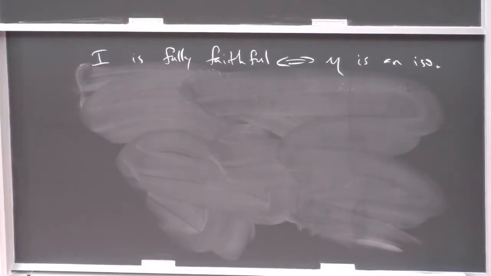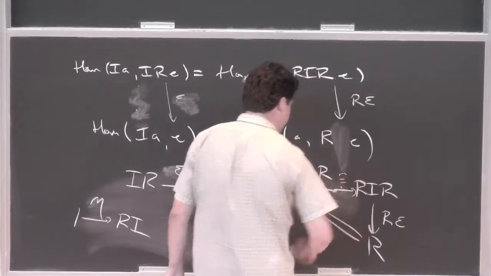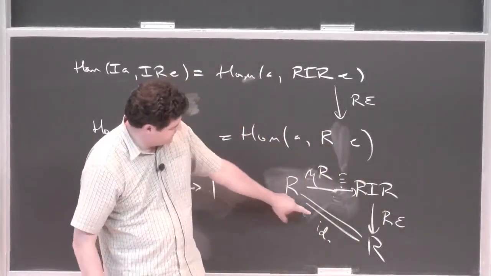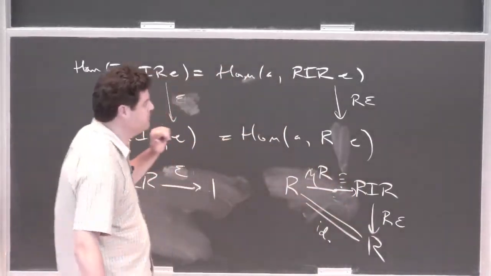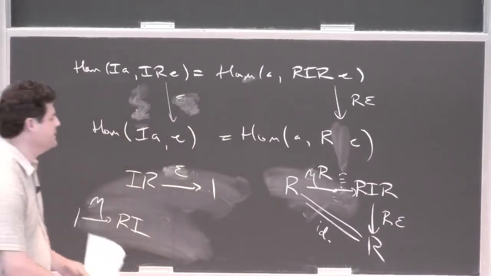Right. So this is an isomorphism. And that was an isomorphism, so that's an isomorphism. Right, so why is this?